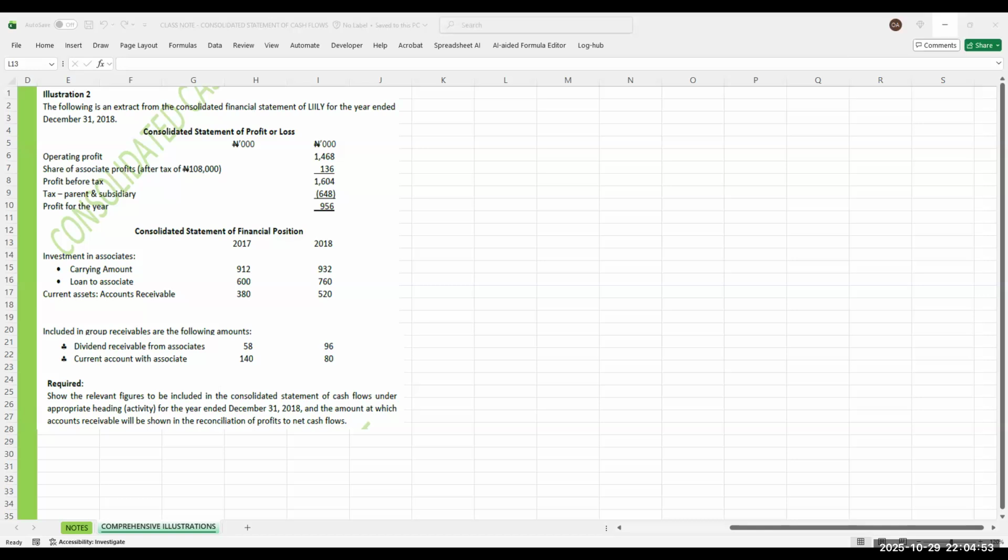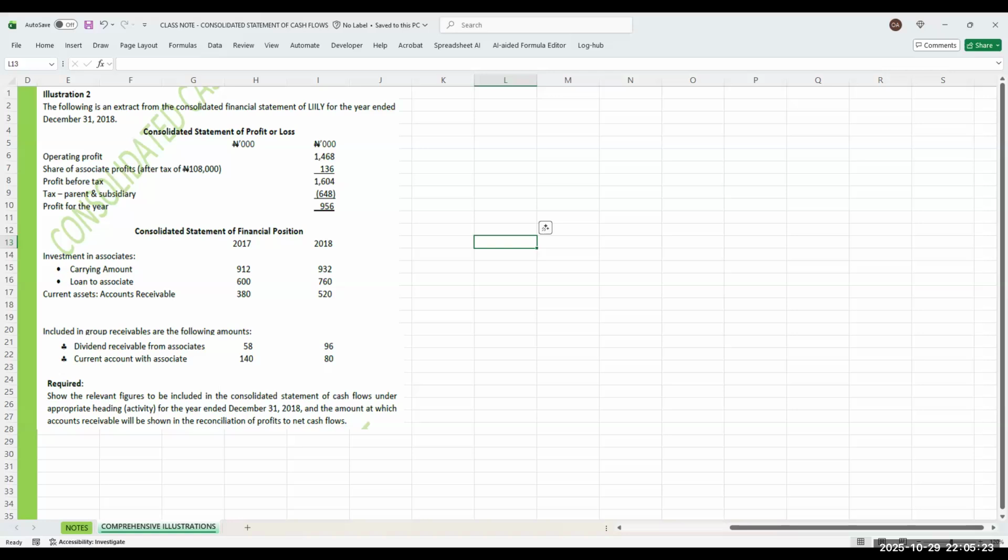Illustration 2. The following is an extract from the consolidated financial statements of Lilly for the year ended 31st December 2018. Consolidated statement of profit or loss, operating profit, share of associate profit after tax of 108,000, profit before tax, parent and subsidiary profit for the year. Consolidated financial position, investments in associates, carrying amounts, loans to associates, current assets, receivables.